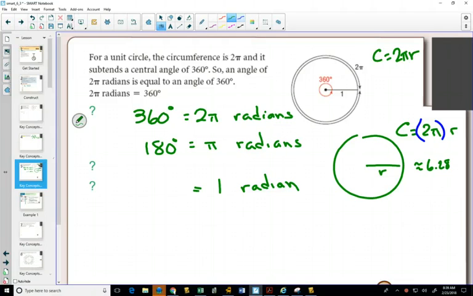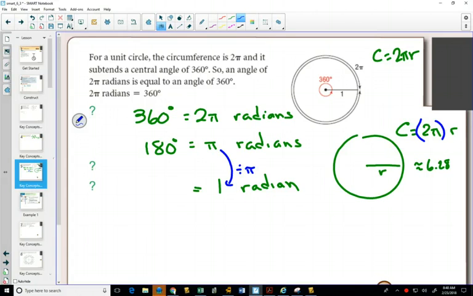What would I have to do to the left-hand side here to make these equal? How do I move from here to here? I need to divide by pi.